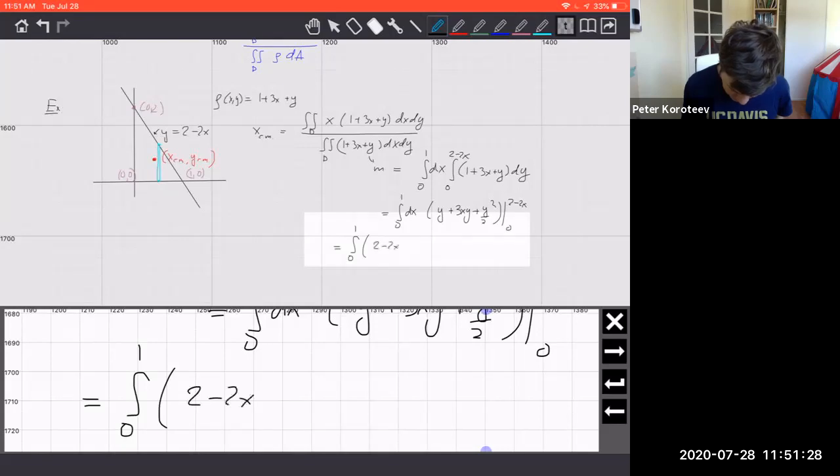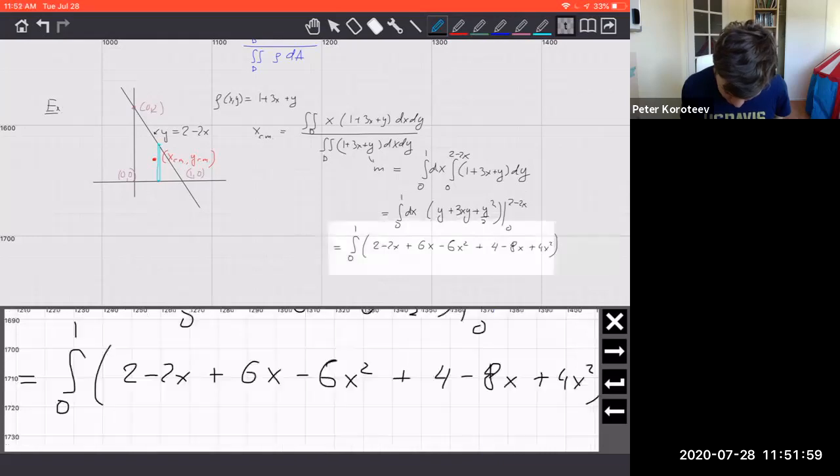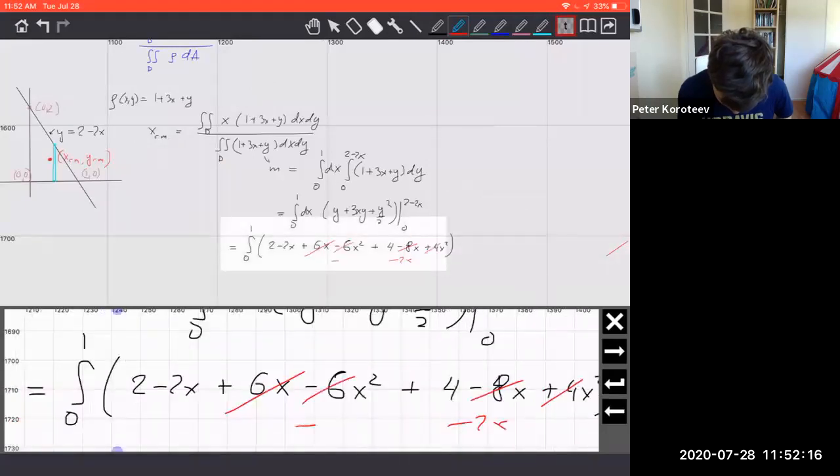So it's 2 minus 2x plus 6x minus 6x squared plus 4 minus 8x plus 4x squared over 2, so that's minus 2x minus 2x squared.